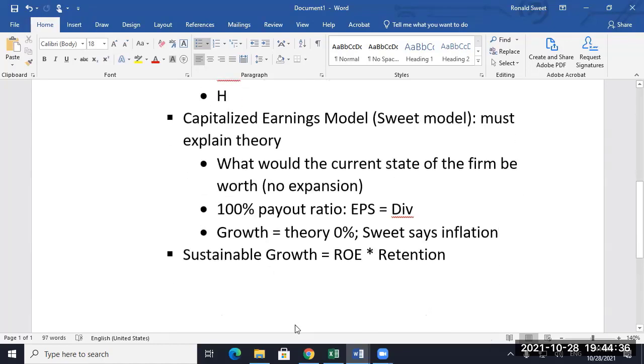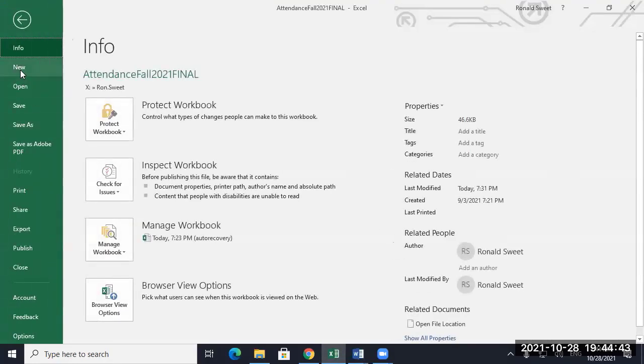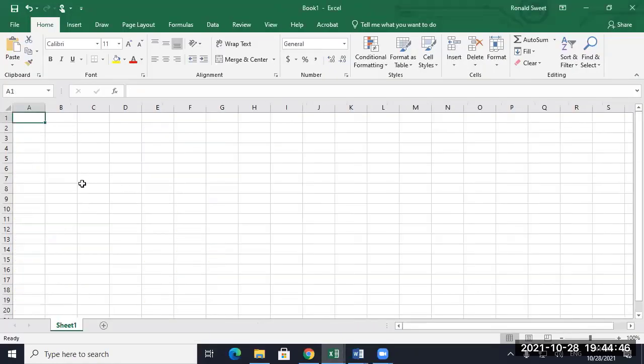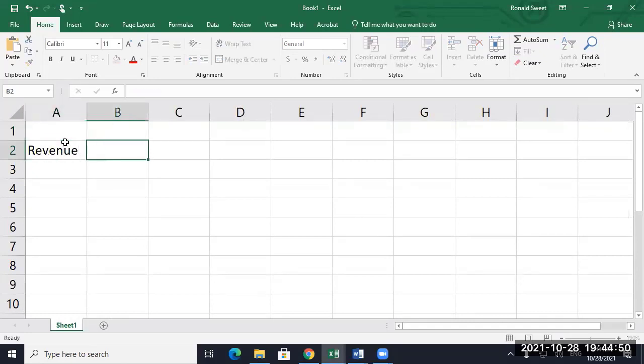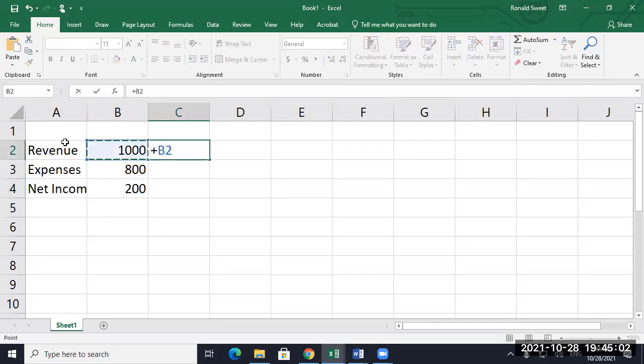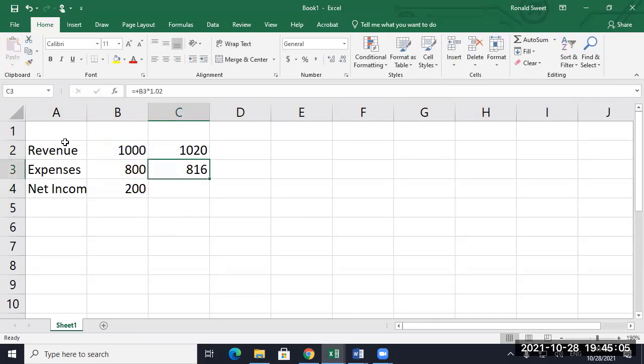Now, I heard Damodaran answer this question when he was talking about this and when he's bad-mouthing my model. So he said something that is not correct. It's really rare for him. But if you have revenue of 1,000 and expenses of 800, net income of 200, and everything grows 2%, he argued that if your revenues grow 2% and your expenses grow 2%, then your net income doesn't change.